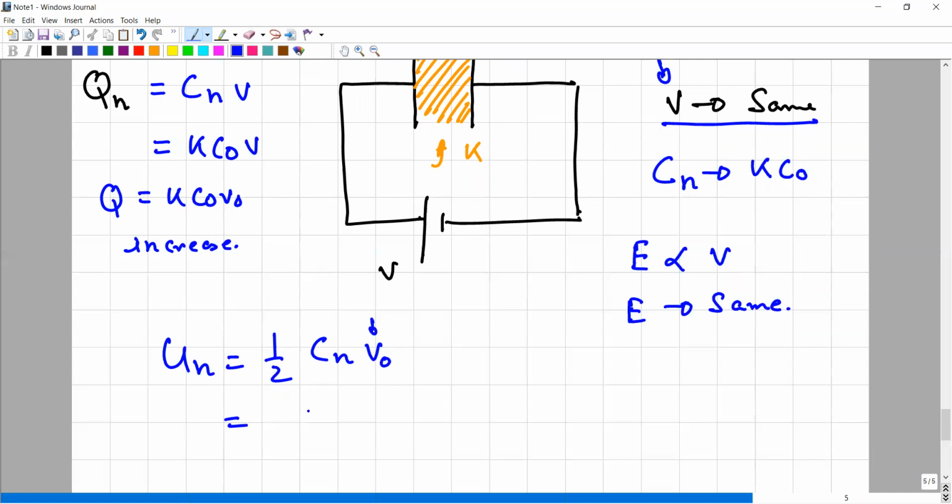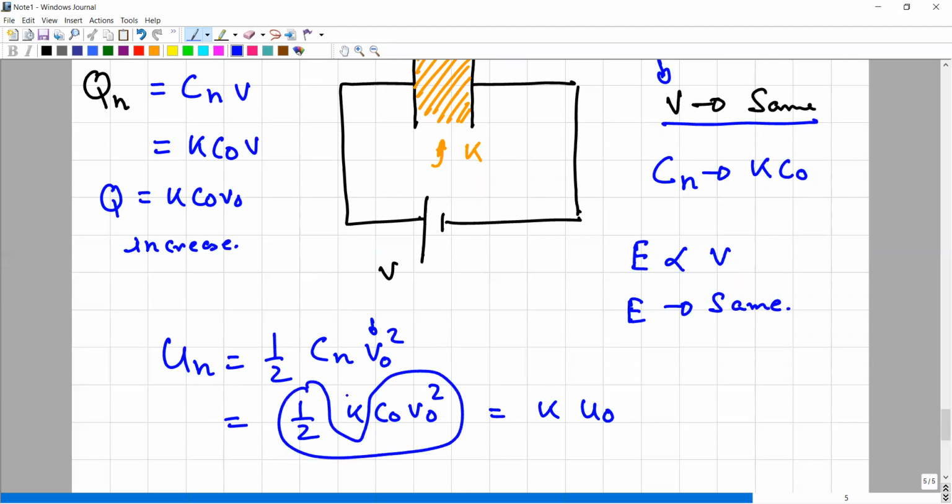Only the capacitance has increased. So it will become half of K times C naught, times V naught square. That means the energy will become K times the original energy. This value here is your original energy. So it will simply become K times the old energy.